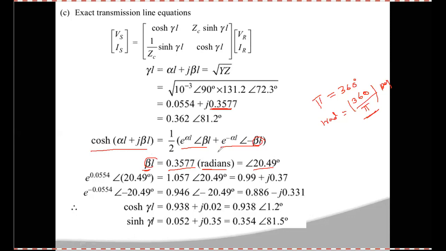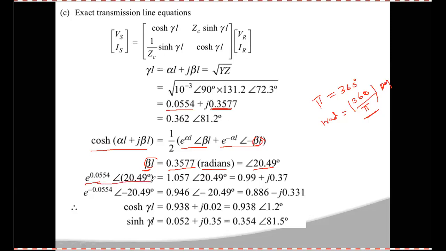Now you calculate e power αL. αL here is 0.0554, so e power 0.0554 at an angle of βL, which is 20.49 degrees.